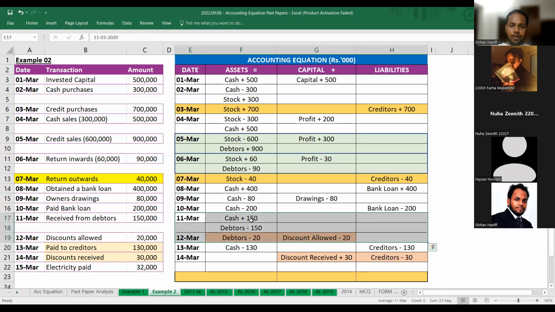Yes, you can do that. So cash plus debtors, you have to take the net minus 170 and discount allowed minus 20. That is also possible. Even the creditors and the discount received, you can add together and write as a single transaction. That is possible.